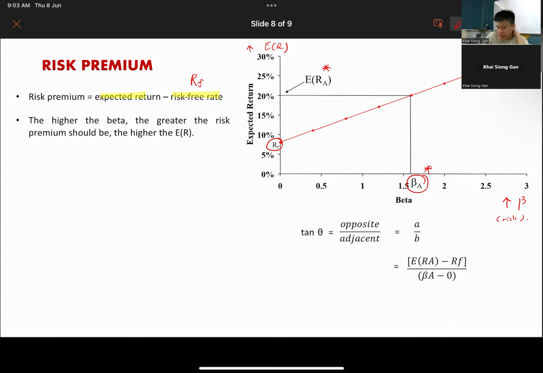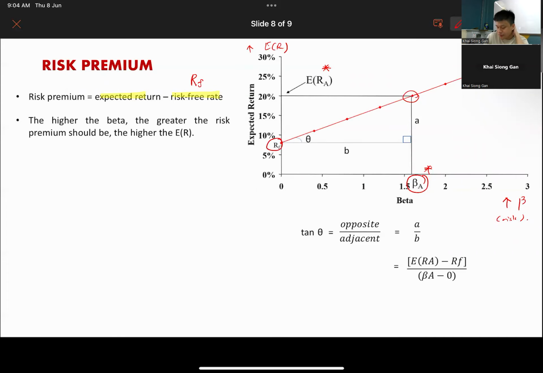Now, there's one problem. I want to find the gradient of this red color line from this point to this point. But are you able to find it? You can't, because you do not have any information given over here. So therefore, we have to use some math formula, which is the sin, cos, tan. So I can draw it to use the tan theta. Okay, so opposite divided by adjacent.